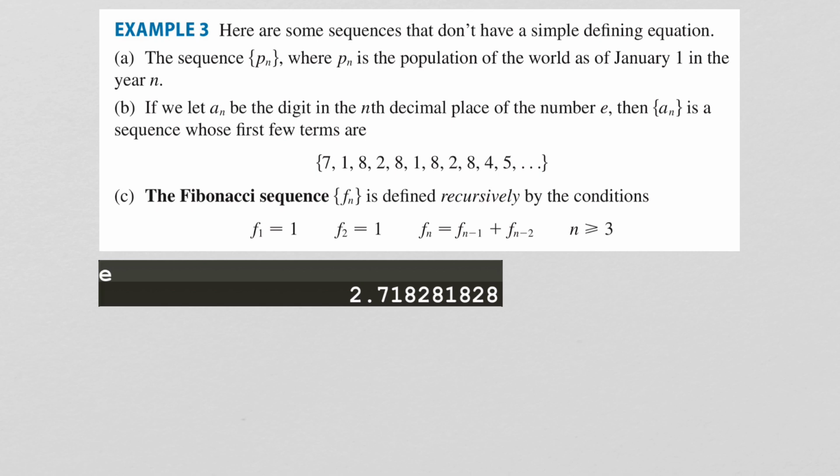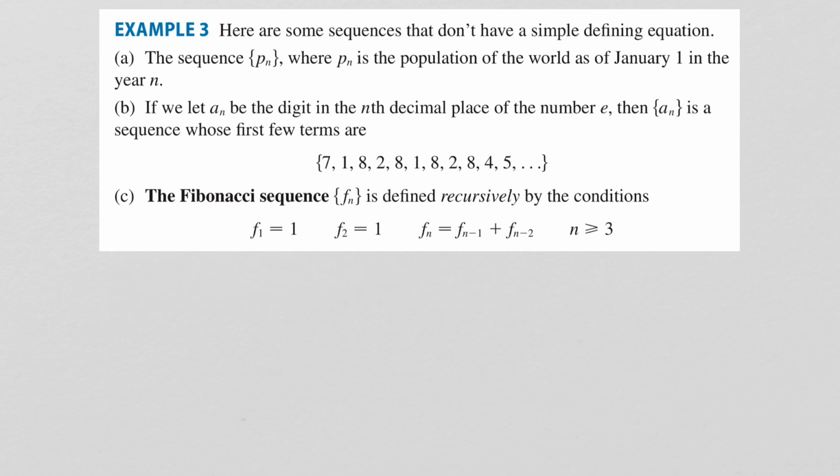And finally, we have a very famous sequence called the Fibonacci sequence, which we like to give the designation Fn, F for Fibonacci, because it is a very famous sequence of numbers. And this is what we call a recursively defined sequence. And so what we've got here is the first number in the sequence is defined to be 1.